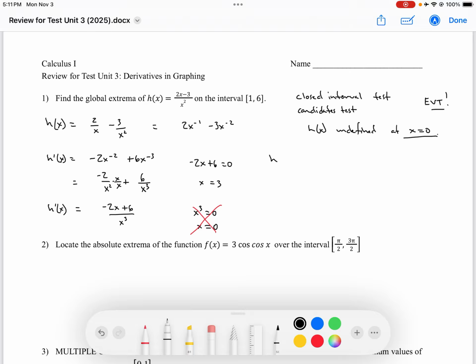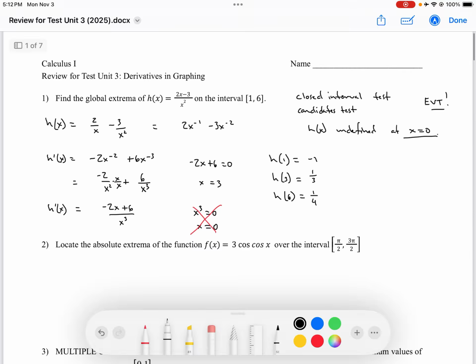Now I need to compare h of 1, h of the critical point or points on my interval, and h of 6, and just see which one is the largest and smallest. Well, h of 1 is negative 1, h of 3 is 1/3, and h of 6 is 9 over 36, which is 1/4, I think. Hopefully my mental math is correct there.